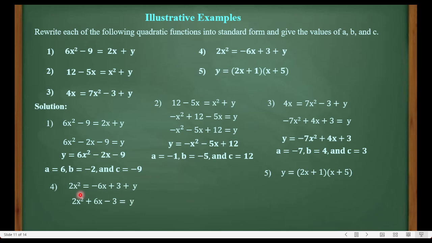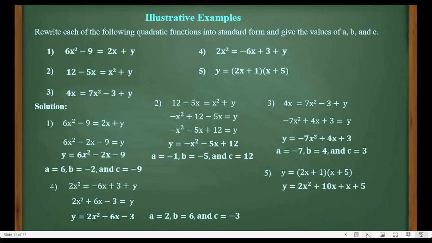And from this equation, interchanging the position of the left and right side by symmetric property, therefore the equation in number 4 becomes y equals 2x squared plus 6x minus 3, which is again, just like the three previous examples, now in standard form. So the a, b, and c values are what? 2, 6, and negative 3 respectively.